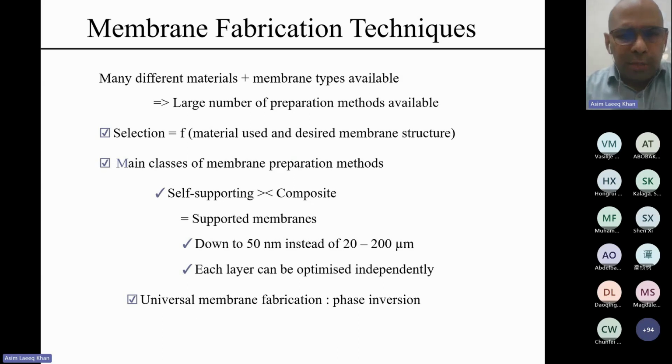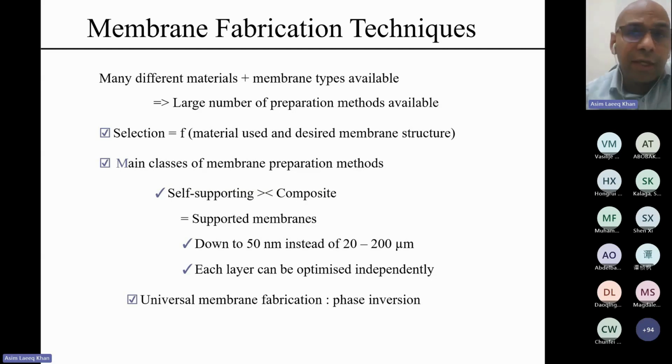Now, I will talk a little bit about the different membrane fabrication techniques, how we make membranes, how we synthesize membranes. And as I mentioned previously, since there are so many different type of membrane materials, since there are so many different type of membrane morphology, I already talked about it in the membrane classification part.